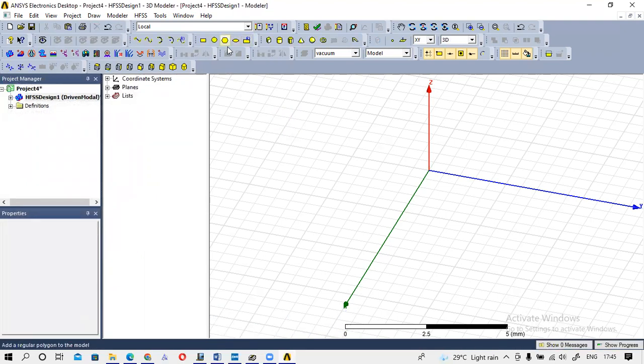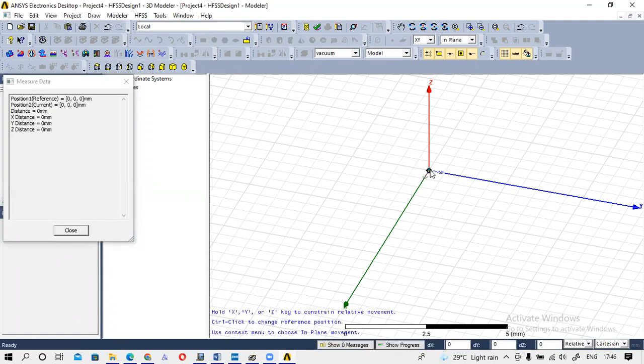You can see that in this window we have different 2D shapes, these are two-dimensional shapes, and here we have three-dimensional shapes also. So I take the rectangle.